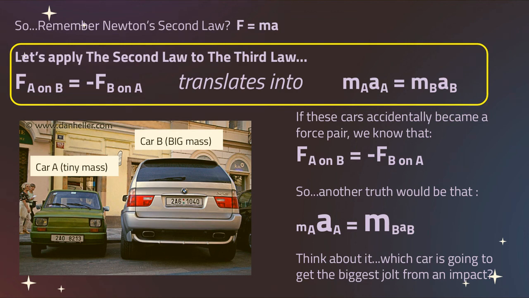The smaller object will have greater acceleration in the opposite direction, whereas the heavier object will experience a smaller acceleration. Or think of it as when you're driving and the bug hits the windshield. Technically, the windshield and the bug felt the exact same force, but only one of them survived.